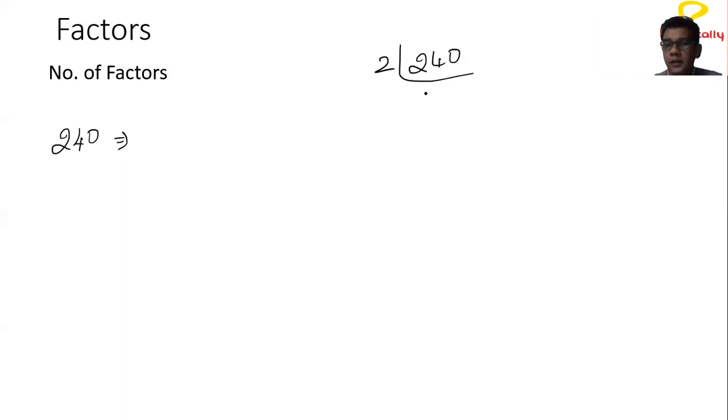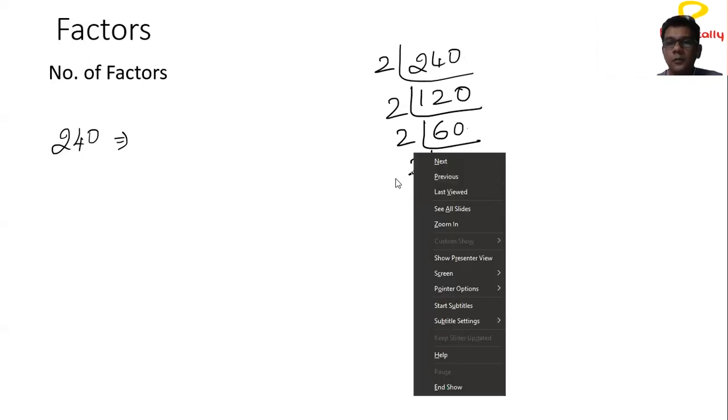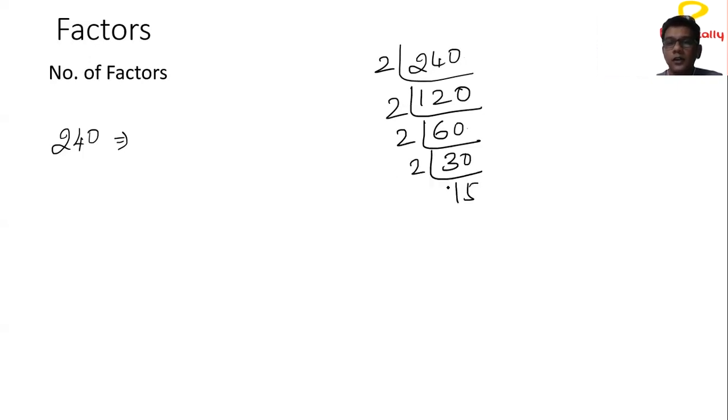Please remember prime factors. What does prime factor mean? I have to divide either by 2, 3, 5, 7, 11. Means I have to divide this value only by prime numbers. That's what prime factors means.